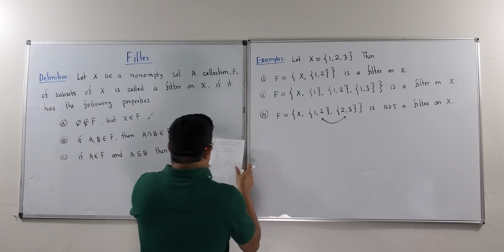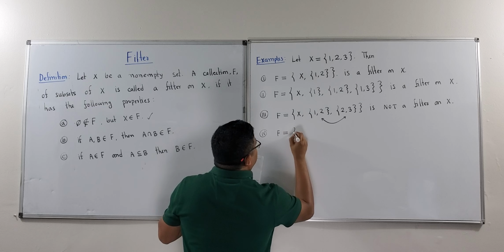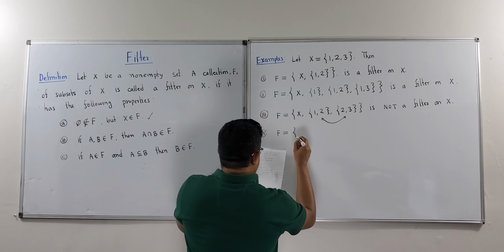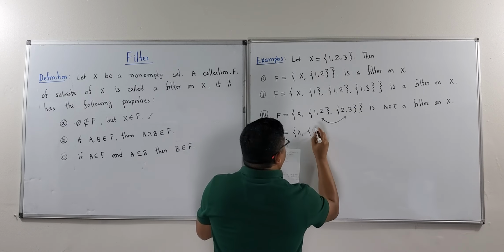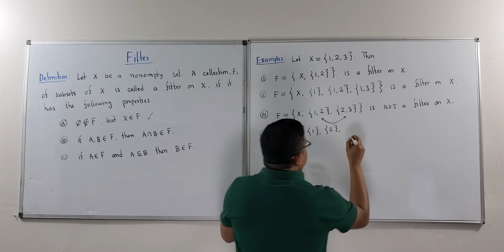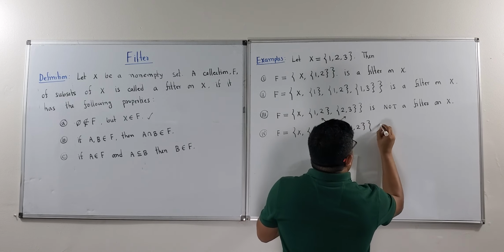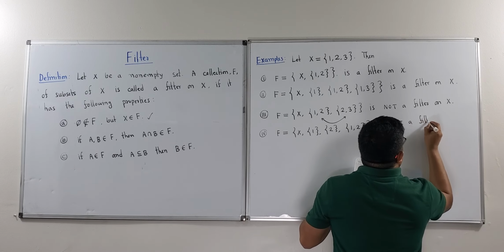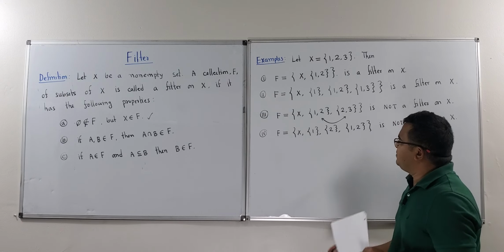Now let's consider another example. F equals the whole set X, then {1, 2}, {1}, {2} and {1, 2}. So this is not a filter on X. Why? It satisfies the first property.